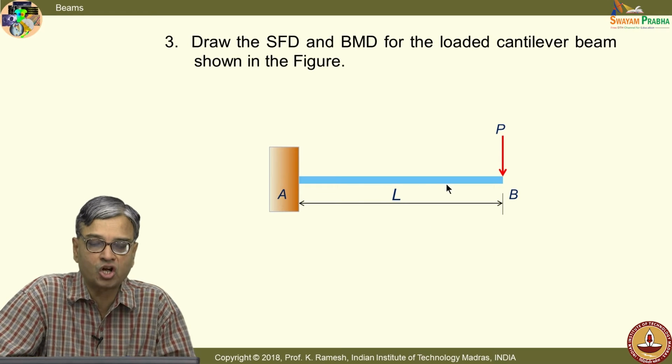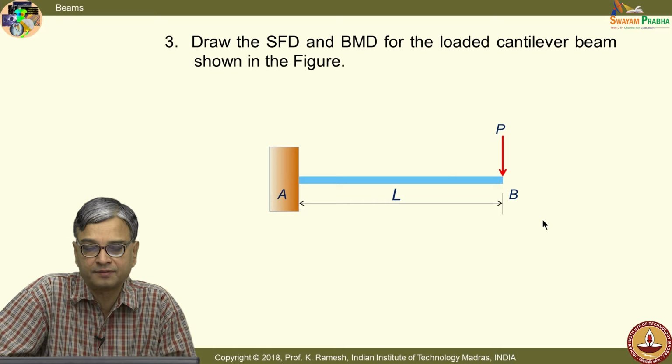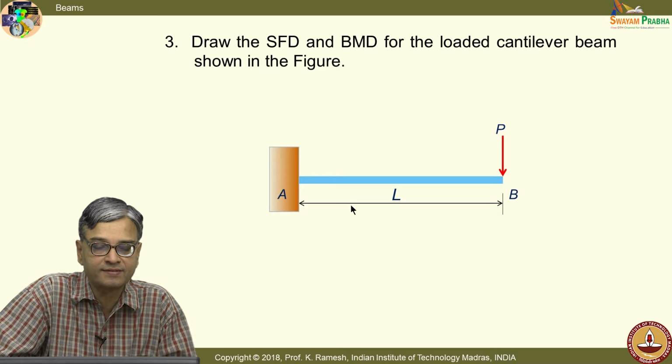Now, let us solve a series of problems with the level of difficulty slowly getting involved. Let us take one of the simplest problems. We have a cantilever with a tip load.